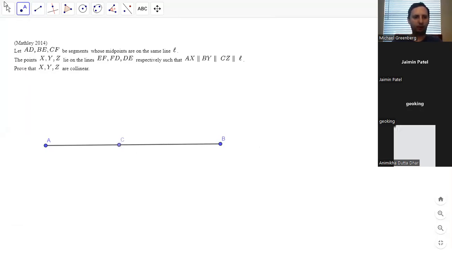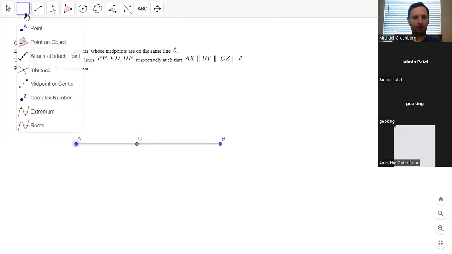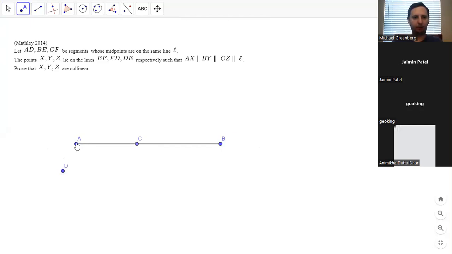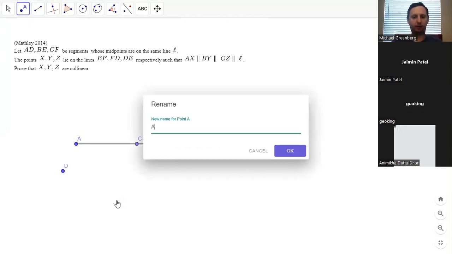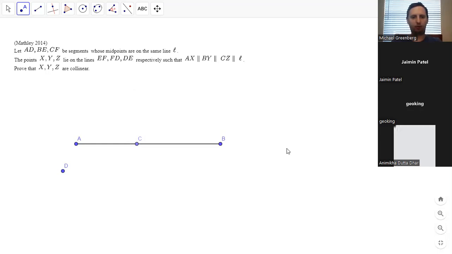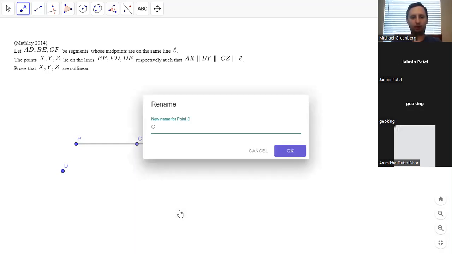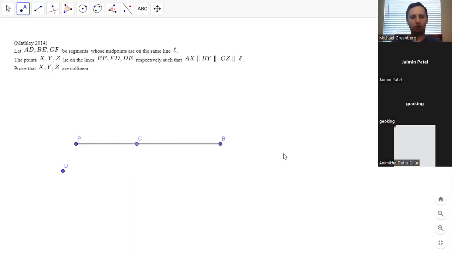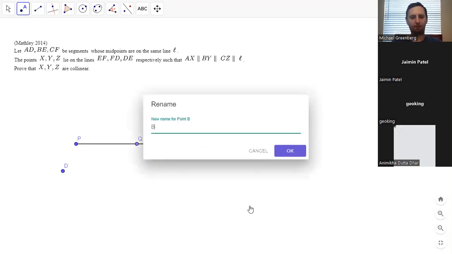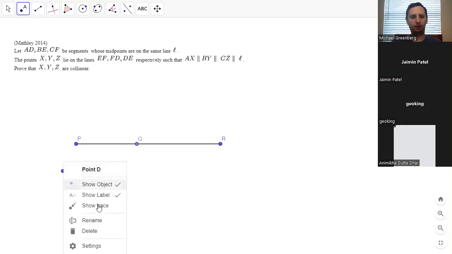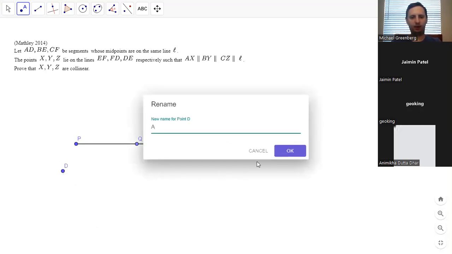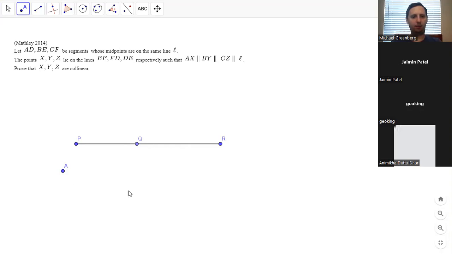I'm going to have to rename a couple things. So I'm going to call these P, Q, and R. These will be the midpoints. And then I have A, B, and C. So this will be A, and then B, C, and then I reflect them.